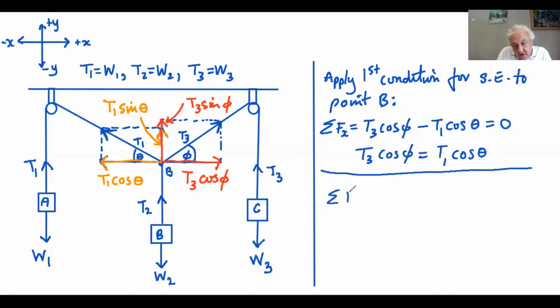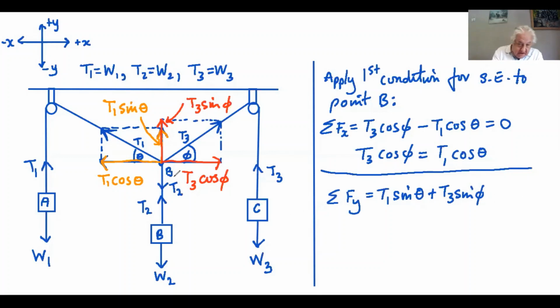Now my sum of Fy. This time I've got two forces in the positive direction, T1 sine theta plus T3 sine phi, and the force in my negative direction is W2, which translates to T2.